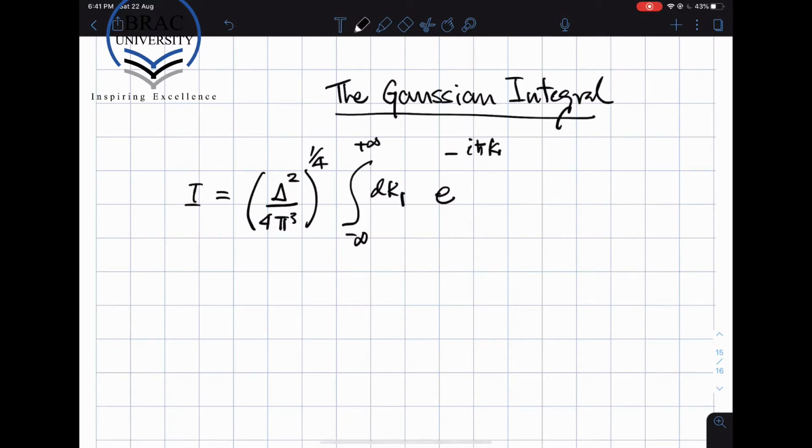That was k1 squared by 2m of t. And then we had a Gaussian part, which is (k minus k0) squared del squared by 2. And then we had these two factors.